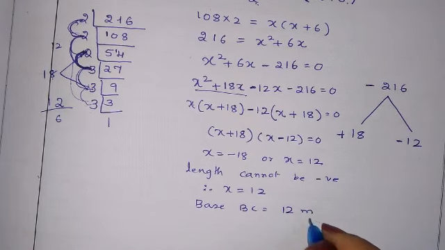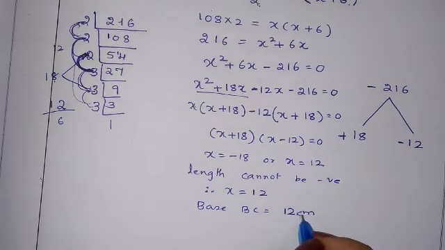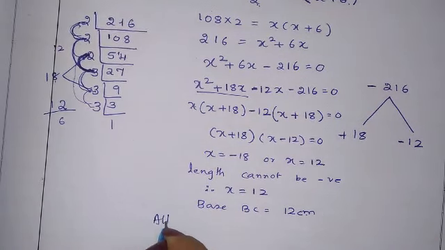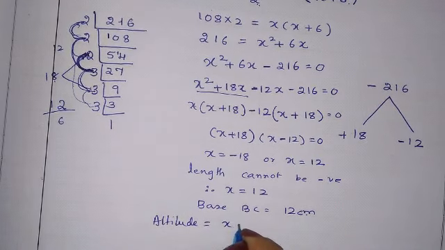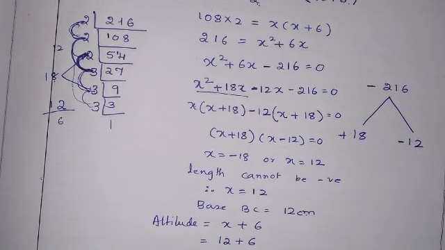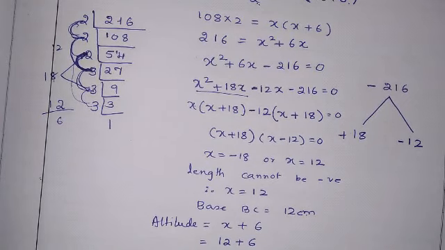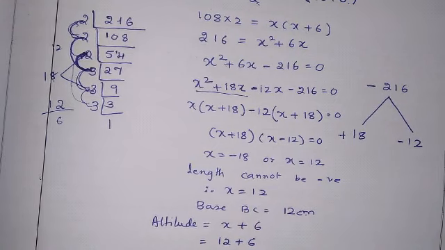They have given the area in centimeter, so we should write centimeter. The altitude is x plus 6, that is 12 plus 6, that is 18 centimeter. They told us to find the height and base.